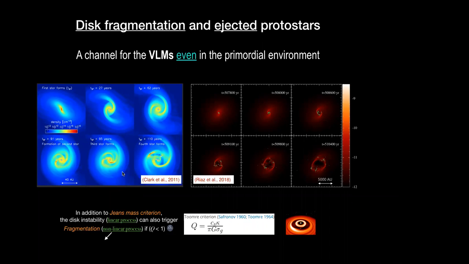And it is very essential to understand the disk instability, which provides another level of fragmentation, which could be lower than what you expect from the Jeans mass criterion. So Clark 2011 performed simulations, and they came up with the idea that even primordial stars can form in these disk structures, and they must be quite low in terms of their masses.